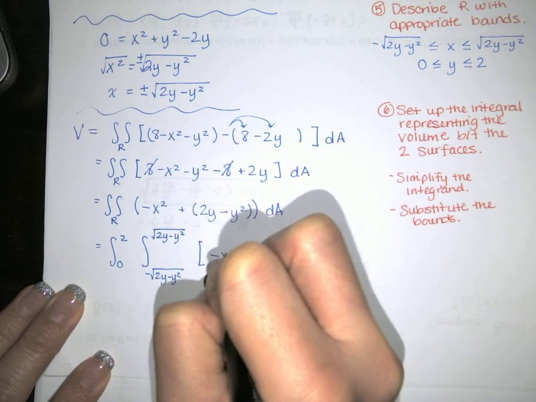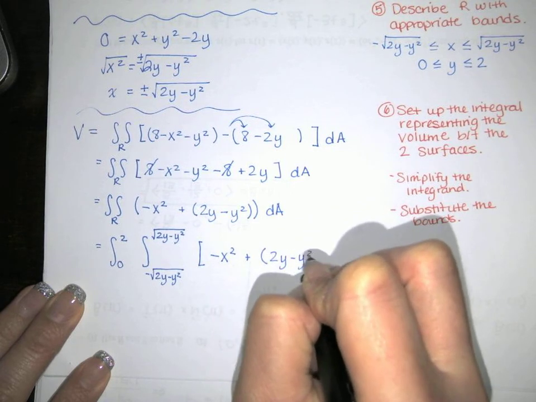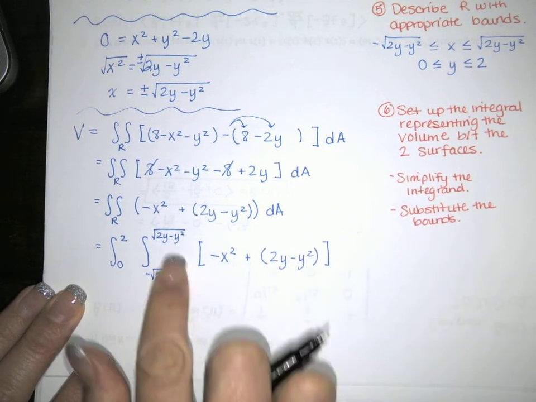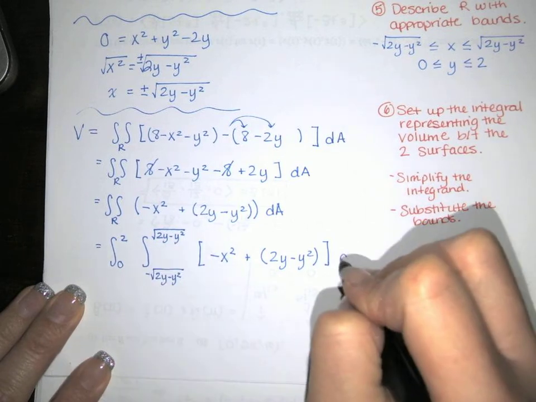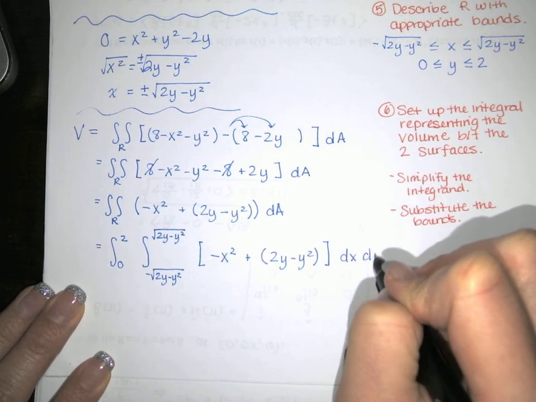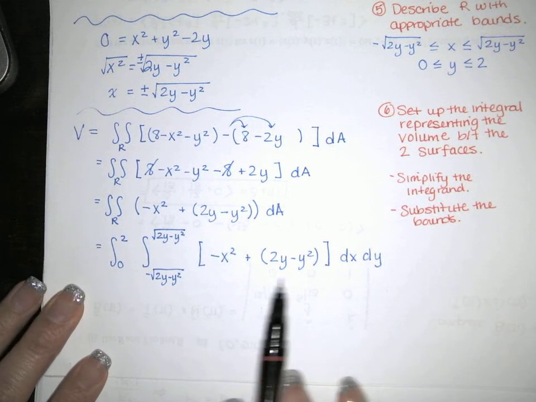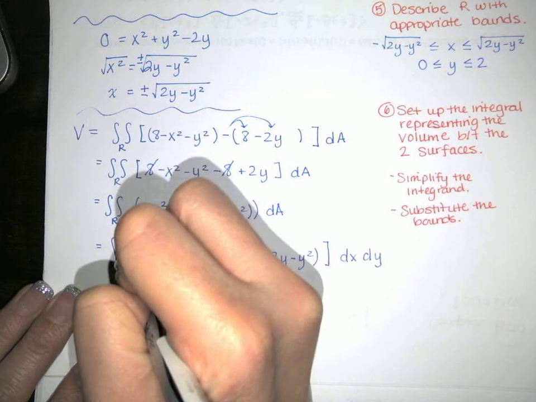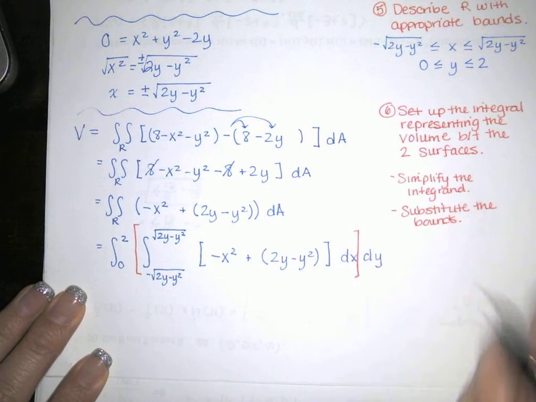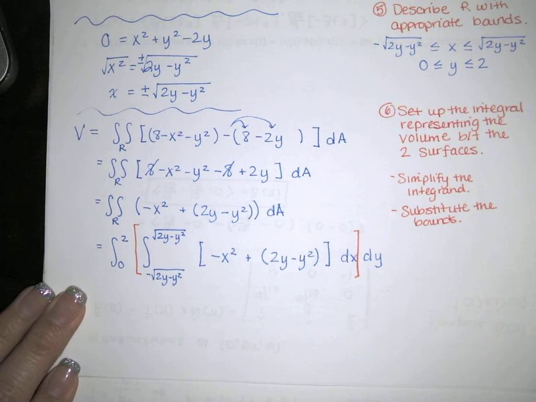We're integrating negative x squared plus the quantity 2y minus y squared. And these bounds are our bounds for x. So we integrate with respect to x first, and then we integrate with respect to y. And then remember how this works. Whenever you're evaluating an iterated integral, you do the innermost integral first. Use the fundamental theorem of calculus to simplify this, and then you do the outermost integral.